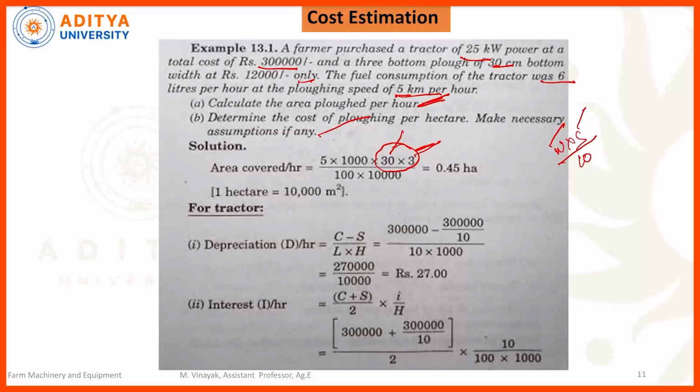Suppose this is a 3 bottom plow, 3 bottoms are there, and the spacing between the bottoms is 30 centimeter like that. So simply we need to multiply 30 into 3. And 5 into 1000, we need to convert kilometer per hour into meter per hour. That's why they have taken the 5 into 1000.